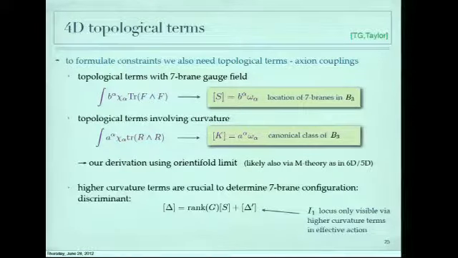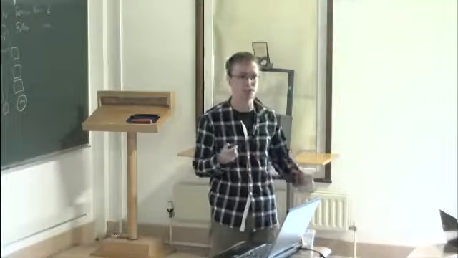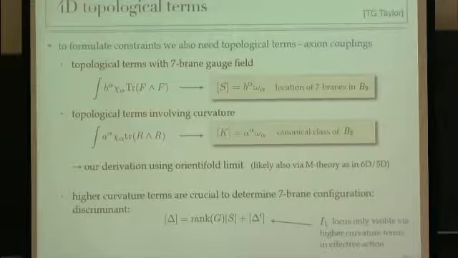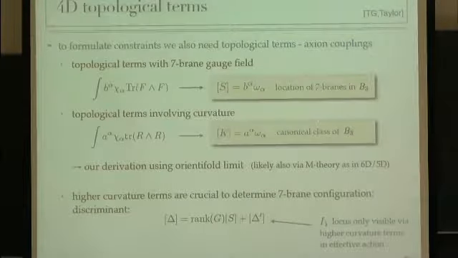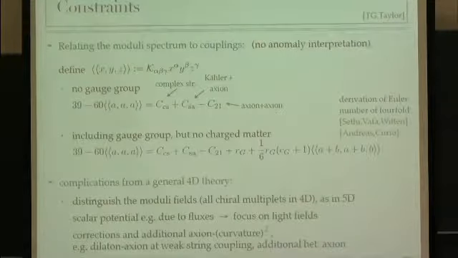For example, the four-dimensional R-wedge-R term tells you about the canonical class of the base manifold B3 of this elliptic fibration. In other words, it tells you about the location of the branes and orientifold planes if you use these kind of topological terms. On the other hand, using geometric identities, you can link this canonical class for an elliptic fibration to the spectrum.